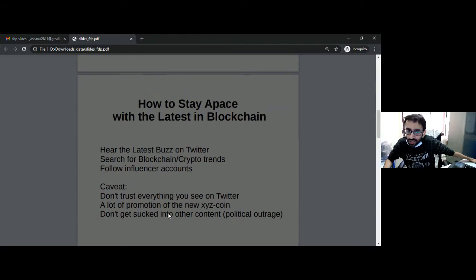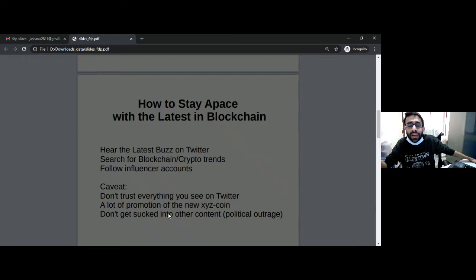There's a lot of promotion going on with every new coin, so many ICOs happening, any new XYZ coin. So a lot of promotion is there, and everybody wants to talk about it and wants others to get on board. Why? Because success of these currencies or any trust system depends on network effects.